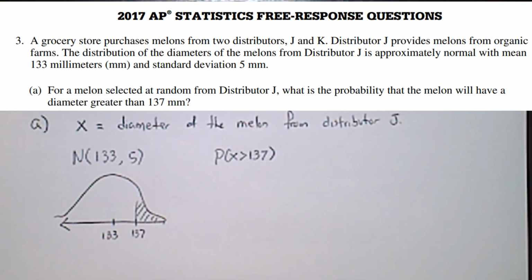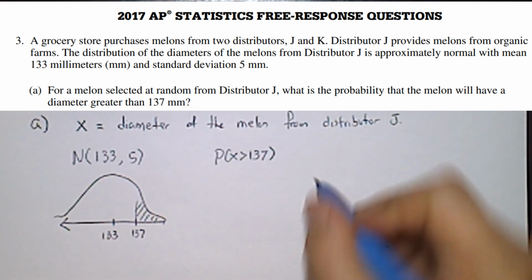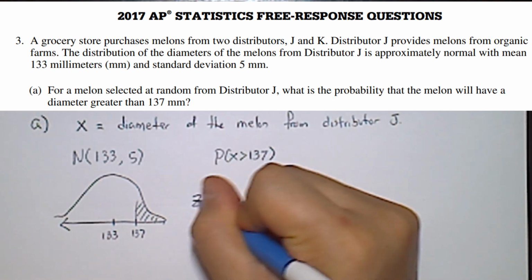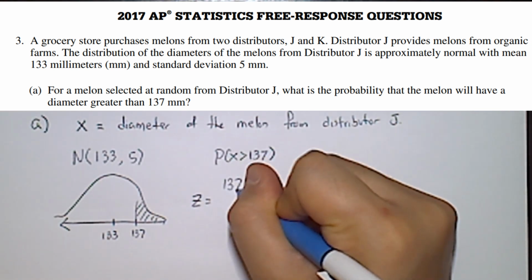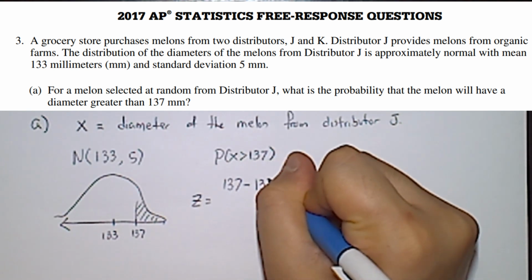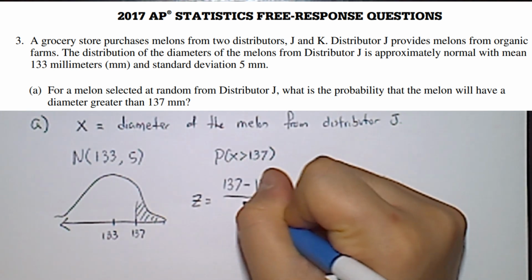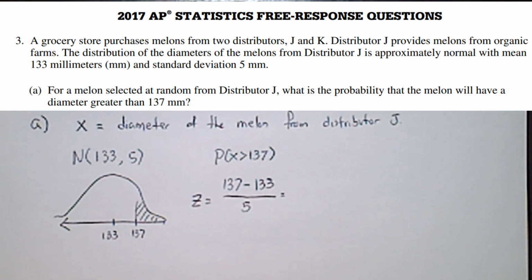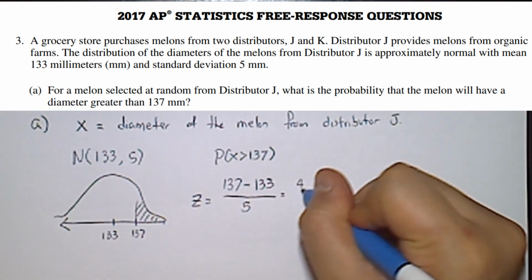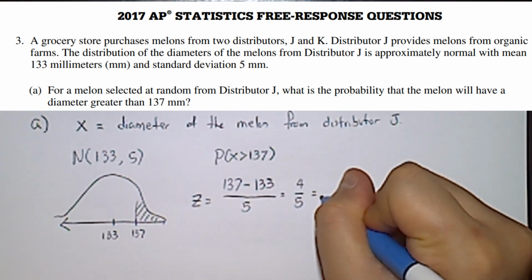So the first thing we have to do is convert and find the z value that corresponds to 137 in that distribution. So the z value will be 137 minus 133, which is our mean, over the standard deviation, which is 5. This will produce 4/5, which is the same thing as 0.8.